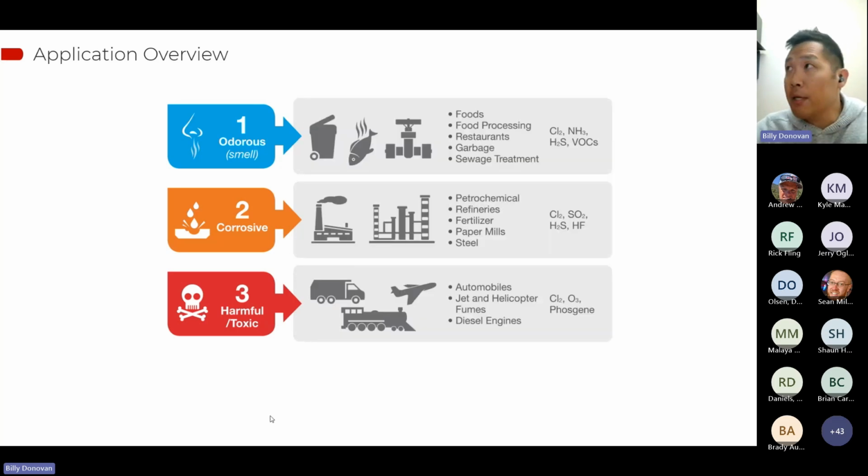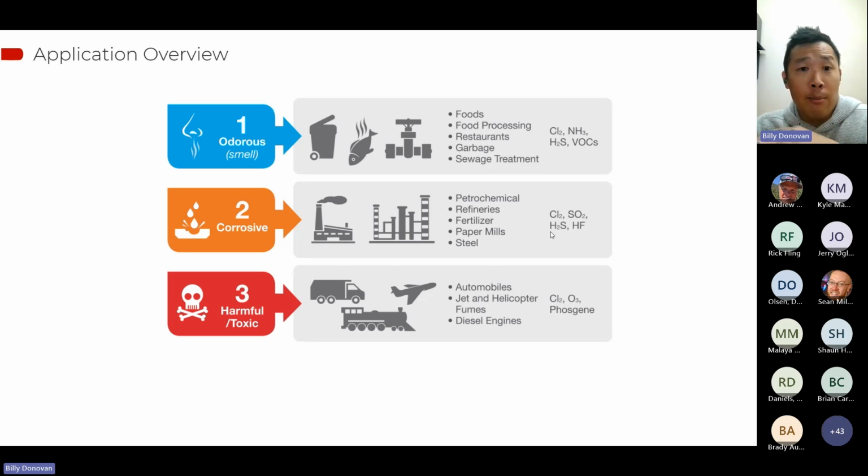Terpenes from cannabis facilities, food smells, wildfire smoke, all good examples of nuisance odors that are not necessarily harmful or damaging, but can have a big impact on occupant comfort. But there's a lot more to carbon filtration than just mitigating odors.